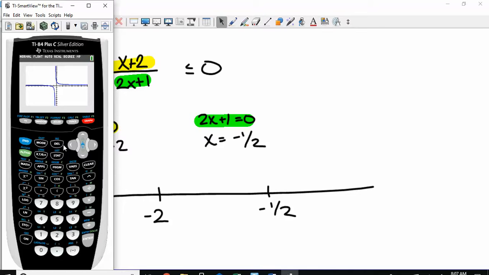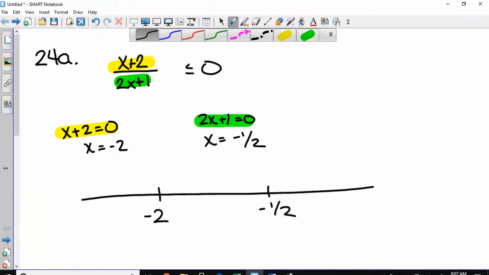What we are trying to decide is whether this thing is positive or negative. That means positive is above the x-axis, negative is below the x-axis. So if I'm looking at this section of my graph, that would be positive. It's above my axis.